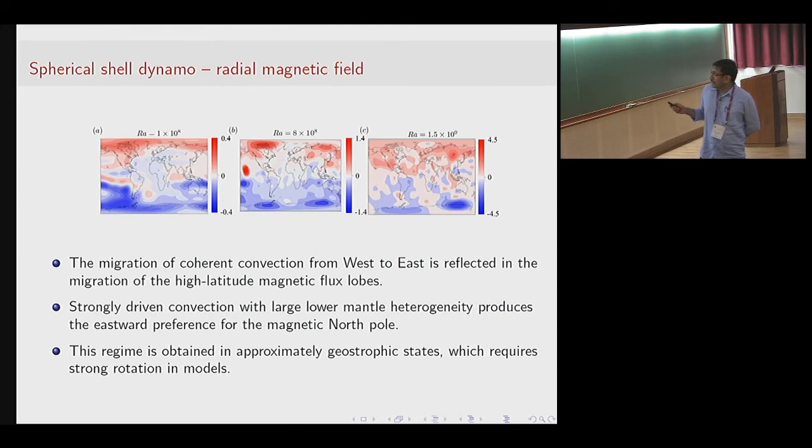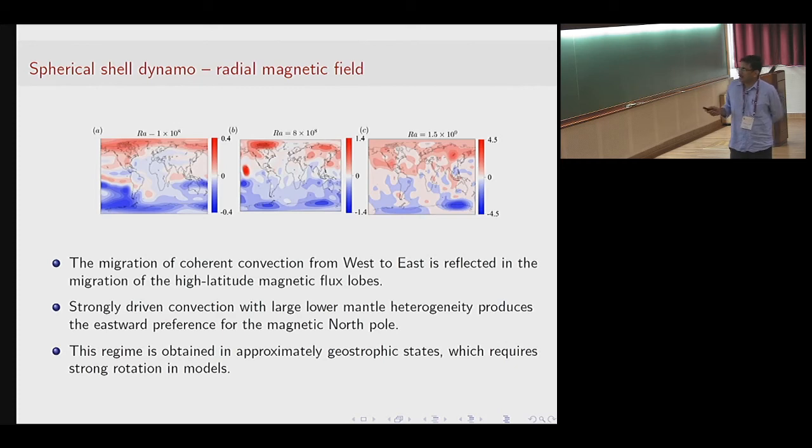And if I increase the Rayleigh number even further, what happens is that the Canadian patch weakens considerably, and the bulk of the magnetic flux is concentrated beneath Siberia. And this is precisely in the present day magnetic field, that there is a preference for the magnetic north towards the east relative to the west.